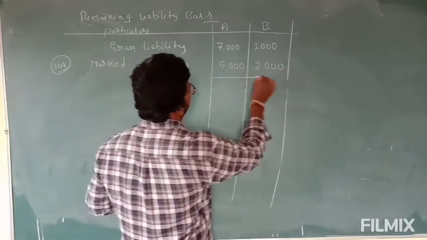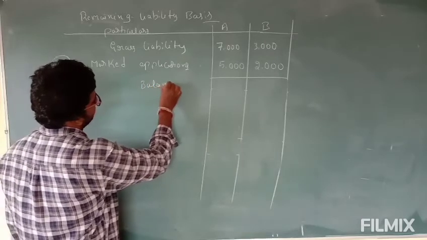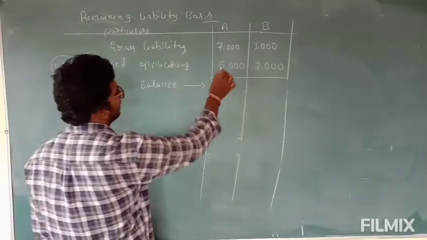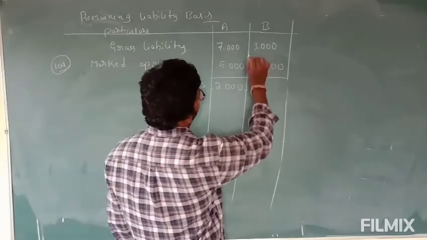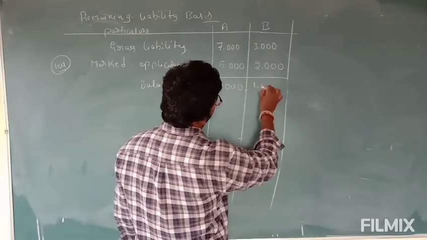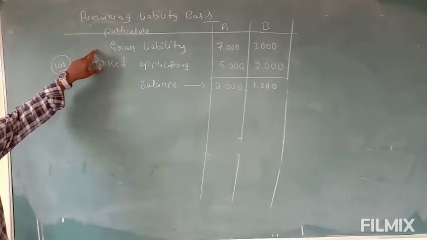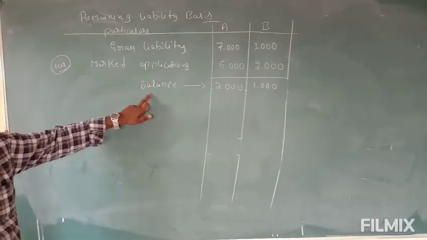So deduct it and you'll get the balance. It is 7,000 minus 5,000, you'll get 2,000. 3,000 minus 2,000, you'll get 1,000.